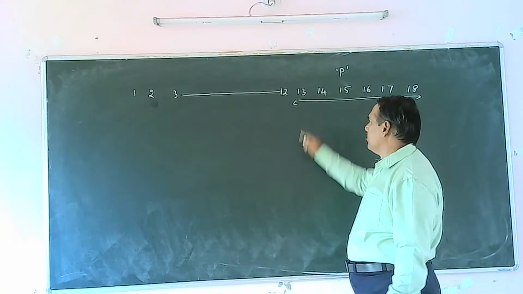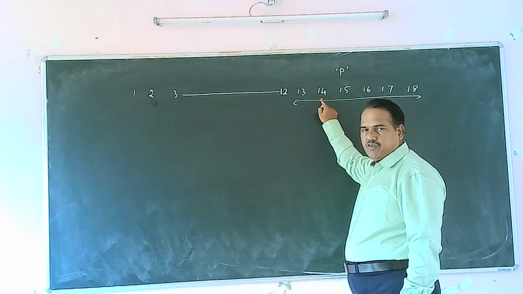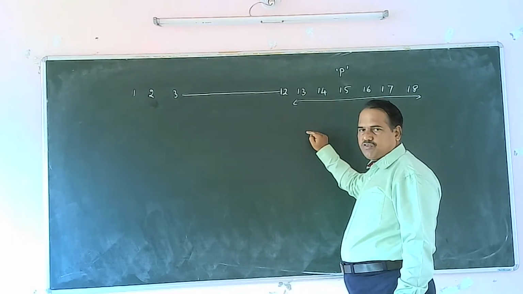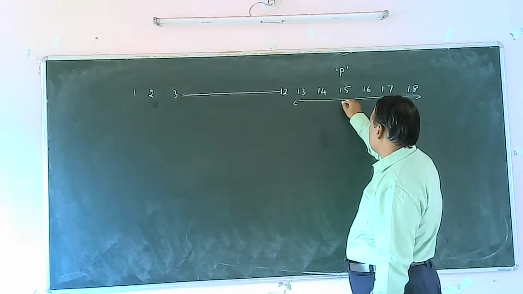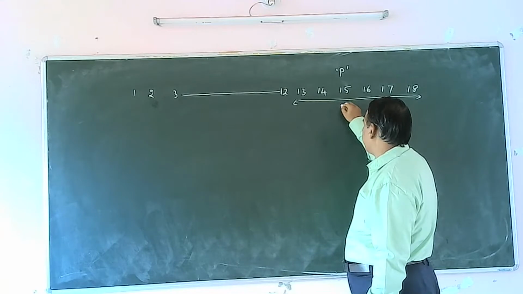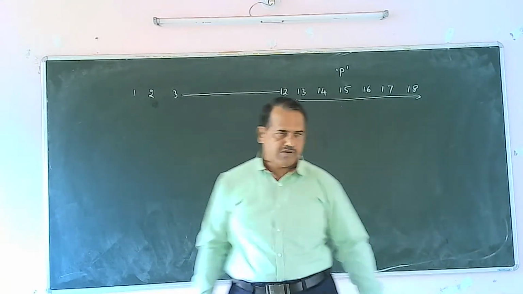So in first PU, you studied about group 13 as well as group 14 elements, their fundamental characteristics and some of the compounds. And according to your syllabus, we have to study 15 group elements, 16 group elements, 17 and 18 group elements.